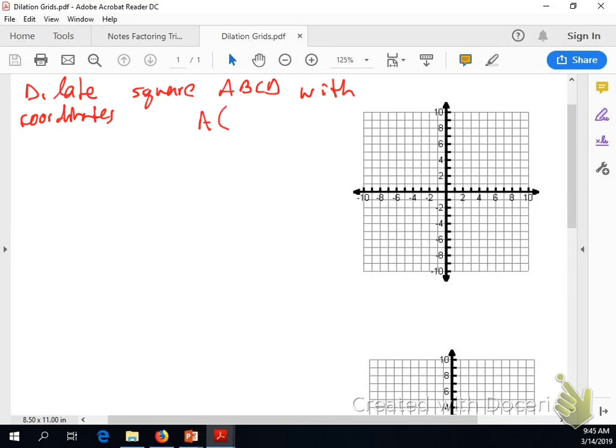Let's go 2, 2 for A, -2, 2 for B, -2, -2 for C, and 2, -2 for D. So we go here at A, B would be here, C here, and D here.